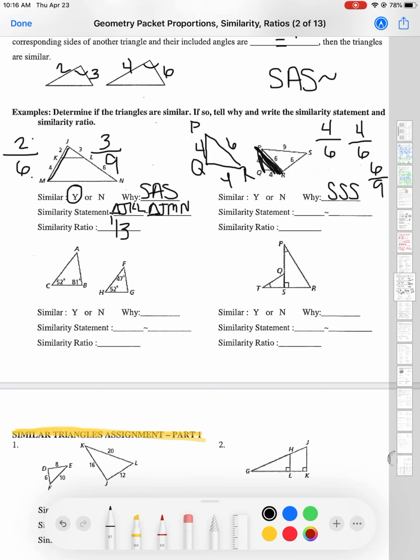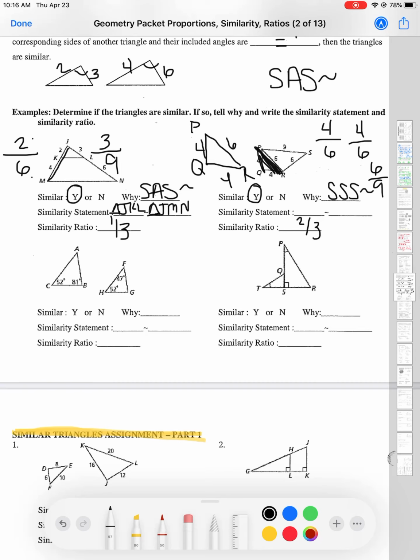Since 2 of our sides are the same, are those 3 the same? And they all reduce to 2/3. So our similarity ratio ends up being 2/3. So yes, this is similar by SSS similarity. Sorry, this should be SSS similarity, not SAS similarity.